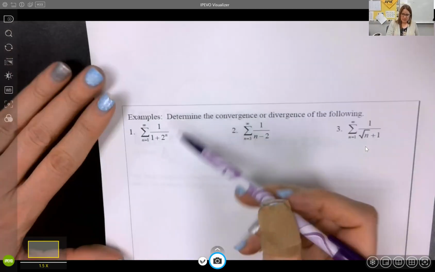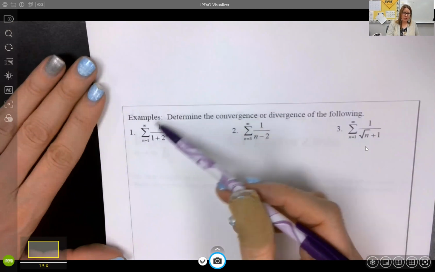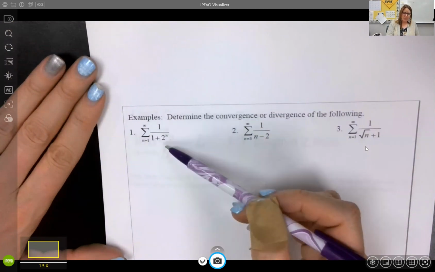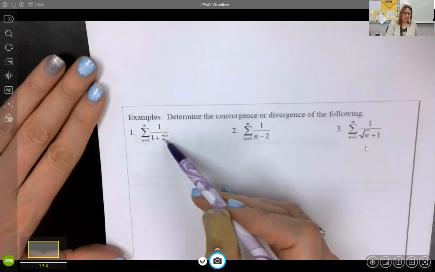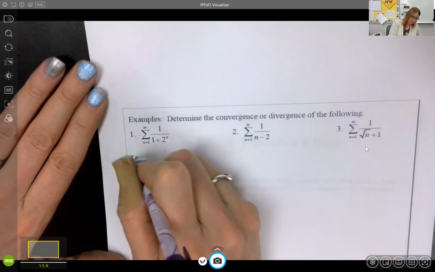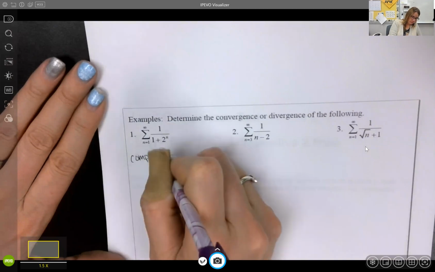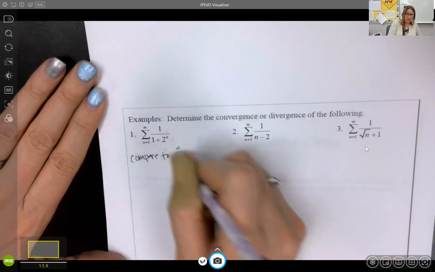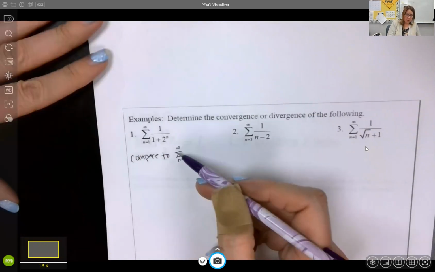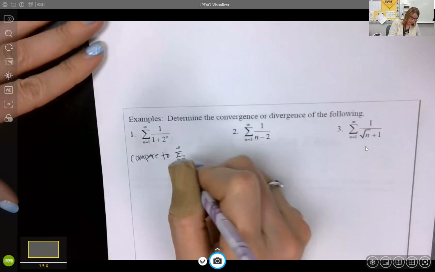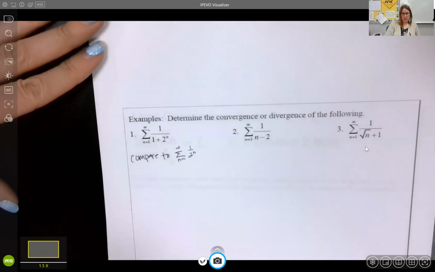So I want to think of something that I can compare this to that's an easier function. Usually we can just look at the power. So we're going to compare to the sum, also using our sigma notation, n equals 1 to infinity. But this time we're doing 1 over 2 to the n.